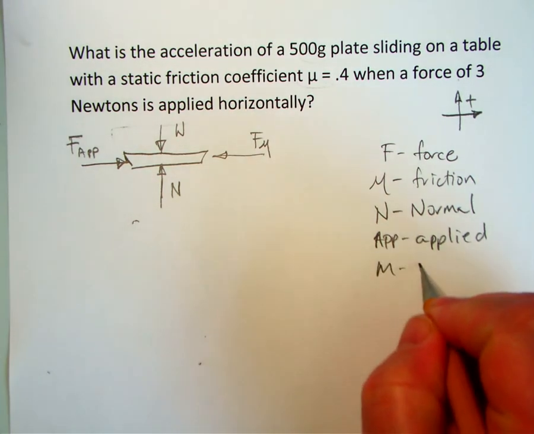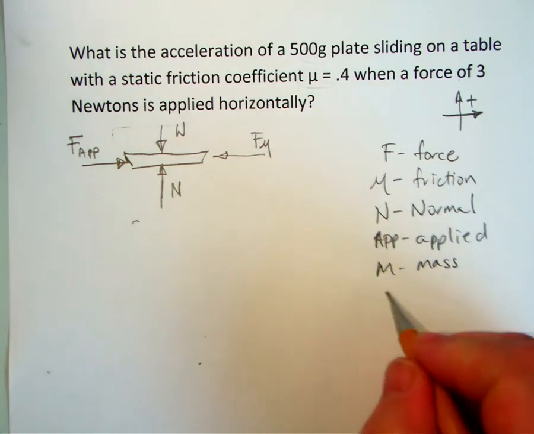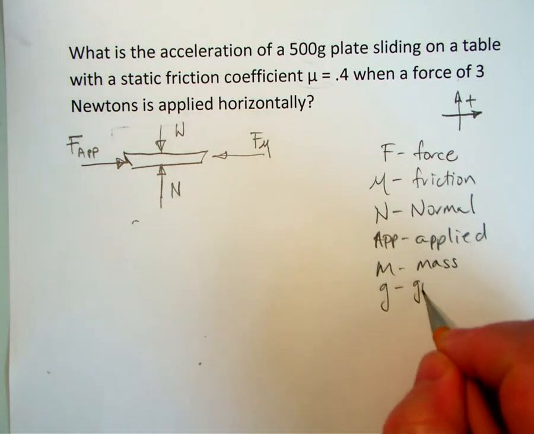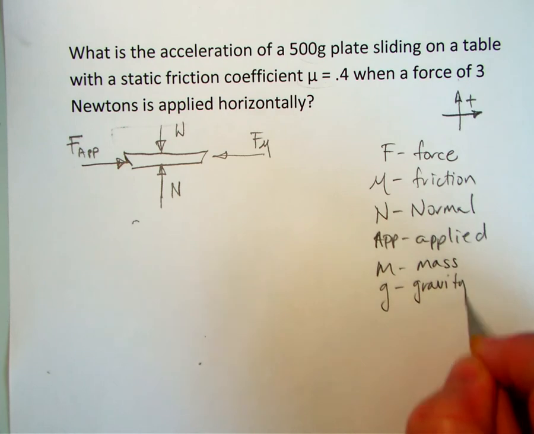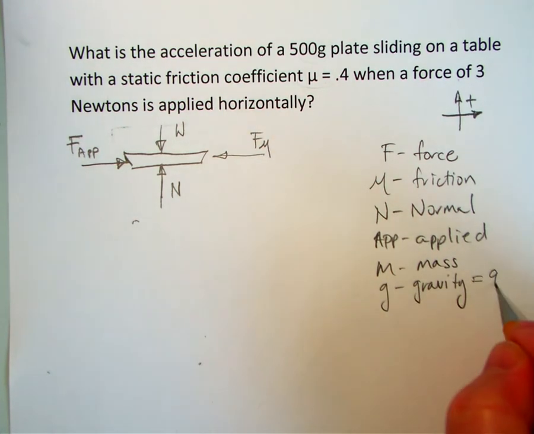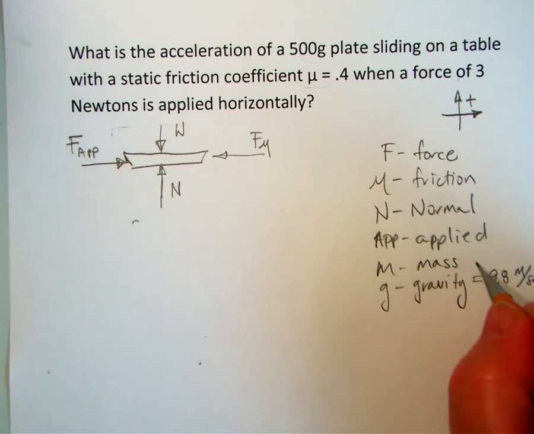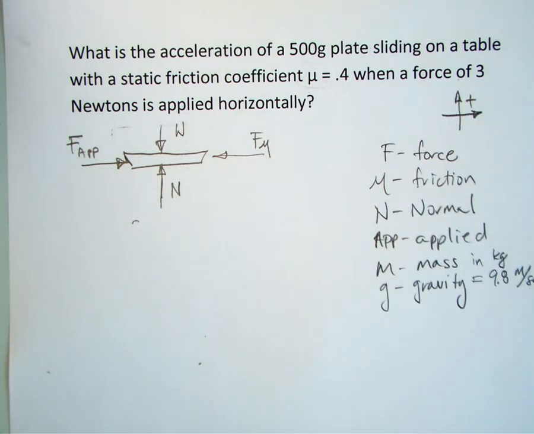M is mass. Okay. What else do we need? Oh, we need G for gravity, don't we? And we're going to go ahead and say that that is 9.8 meters per second squared, so we understand that, right? And we'll put mass in kilograms, just so we know that we're talking about kilograms.